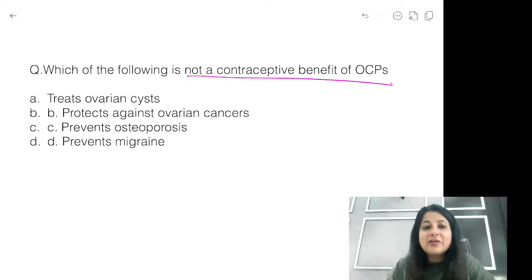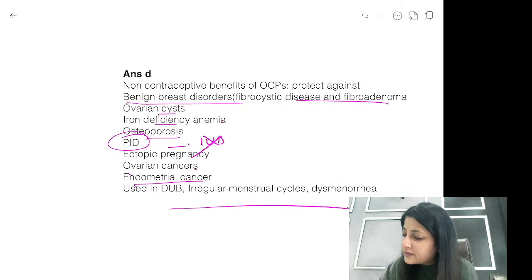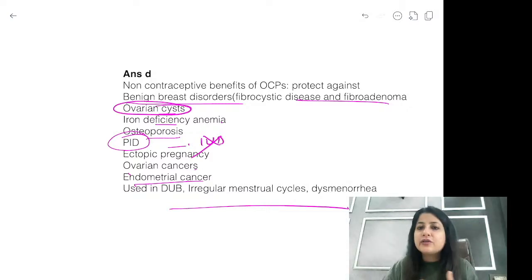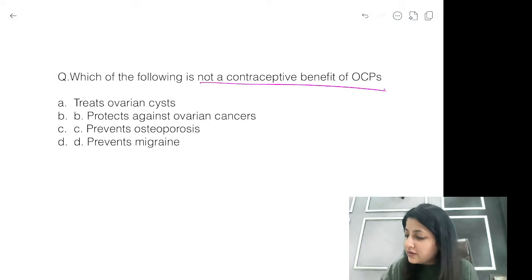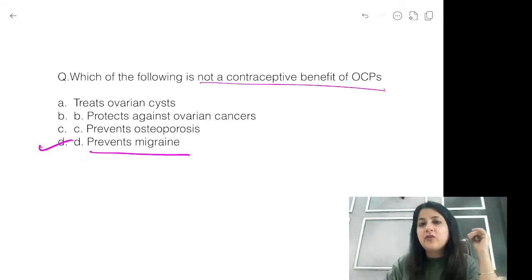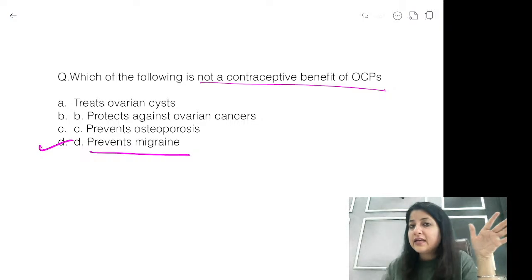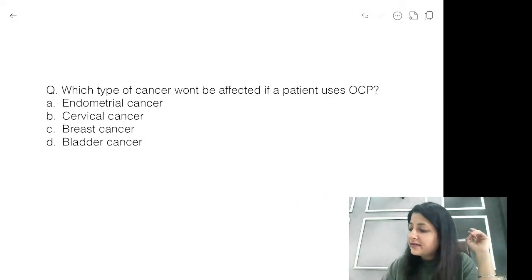Yes Dr. Puneet, okay, so what is it? Very good, migraine. Now you read this, right? Here OCP is protecting from ovarian cyst. I just made it into another question, but prevents migraine? No, migraine is a relative contraindication for OCP. OCP can cause a chance of migraine, all right.